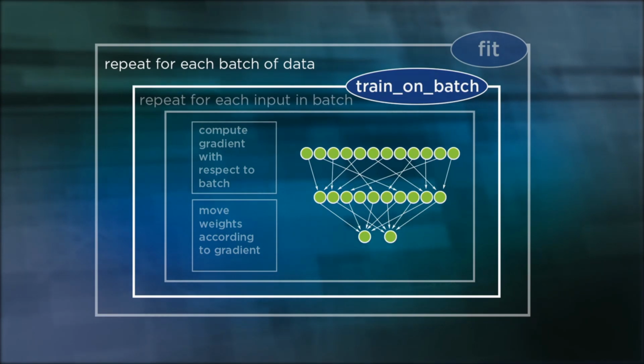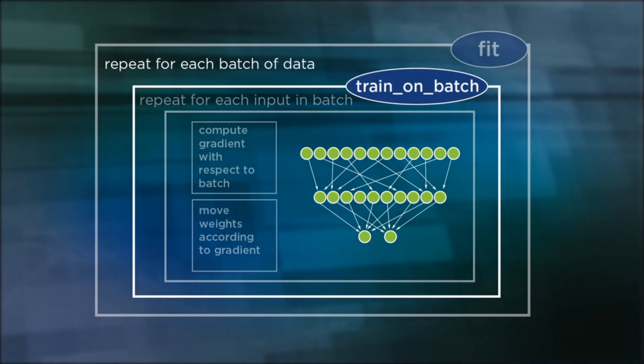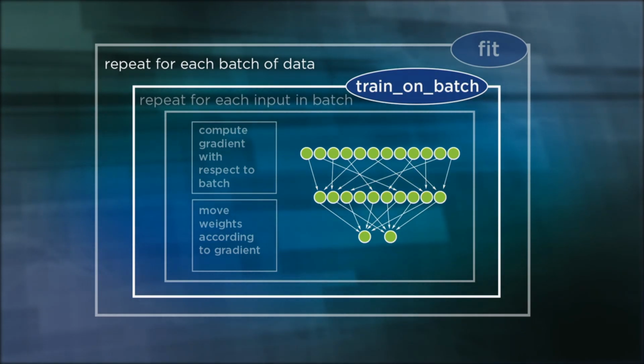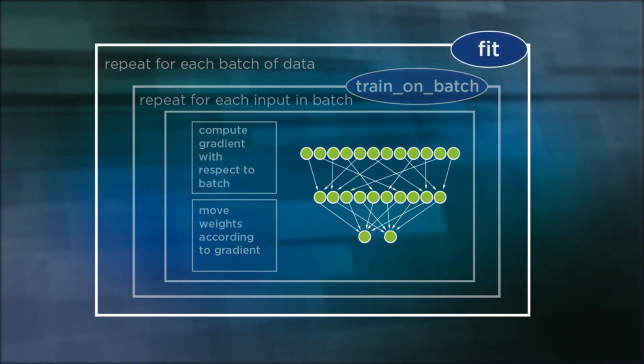To understand this mid-level strategy, it's important to understand the notion of a batch. To make deep networks train efficiently on modern hardware, we need to break up the training data into smaller units called batches. These batch units fit into memory and can therefore be processed much faster. The high-level fit approach in Keras handles breaking the training data into batches, computing gradients, and making updates to model parameters all on its own.